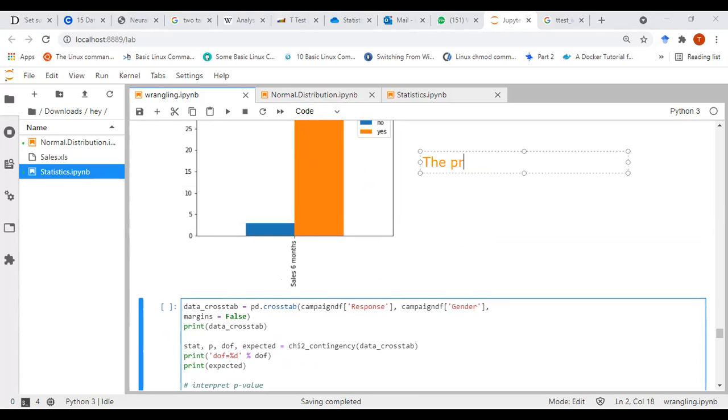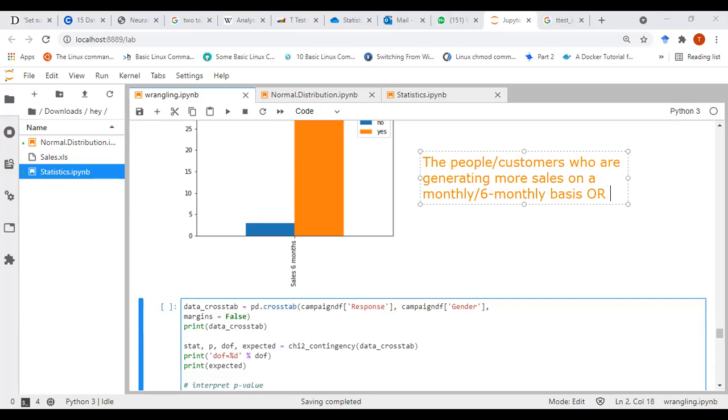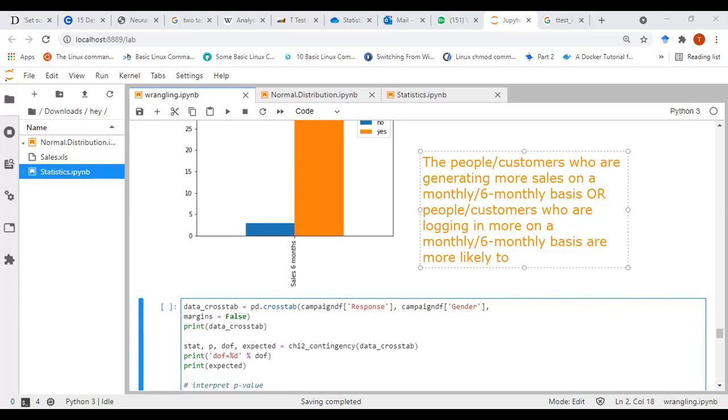The people or customers who are generating more sales on a monthly or 6 monthly basis, or customers who are logging in more on a monthly or 6 monthly basis, are more likely to respond yes to my marketing campaign.